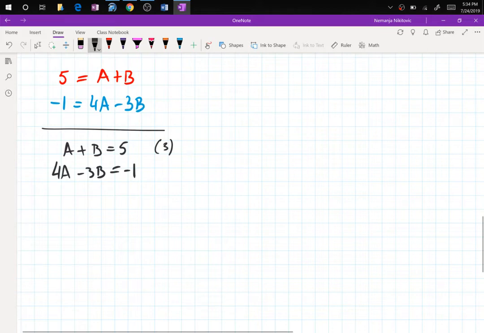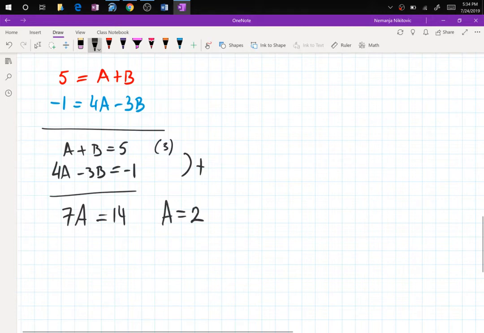That will kill the b's. So when I add 3a plus 4a is 7a, b's are gone, and then I have 3 times 5 is 15 minus 1 is 14, and woohoo, a is 2. If a is 2, a plus b is equal to 5.